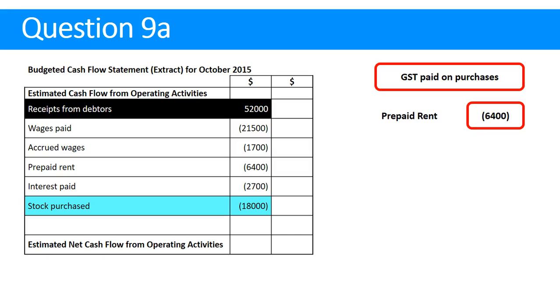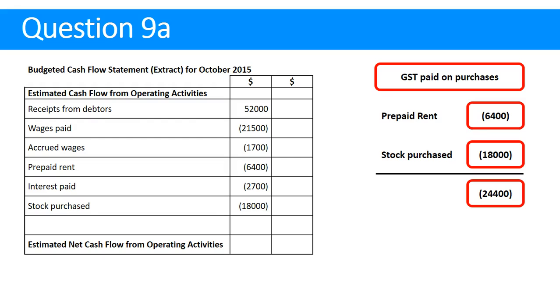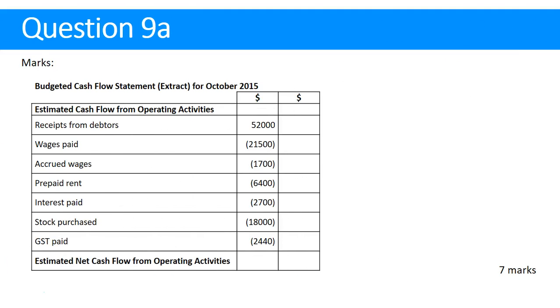And that leaves stock purchased of $18,000, so that will have GST. So what we're left with is total cash flows of $24,400 for items that have GST. We'll times that by 10%, and that must mean we're expecting to pay GST of $2,440.